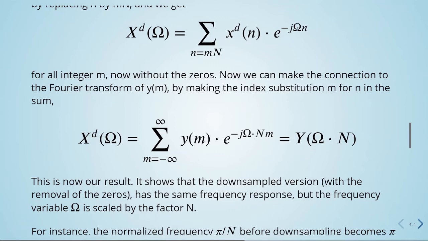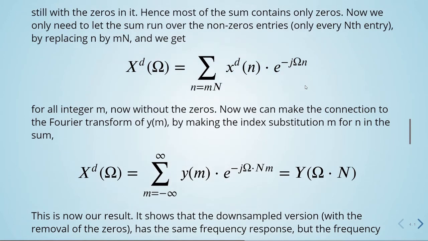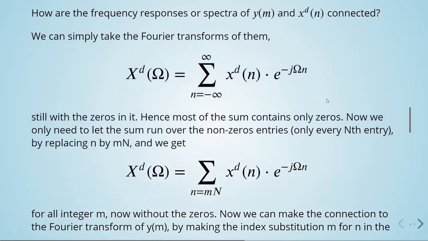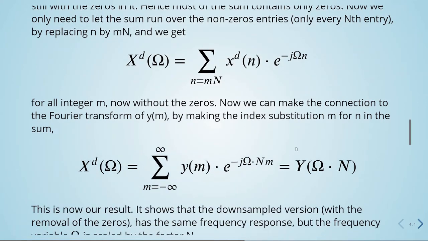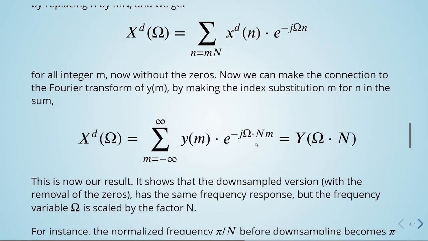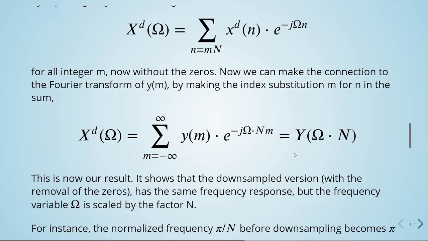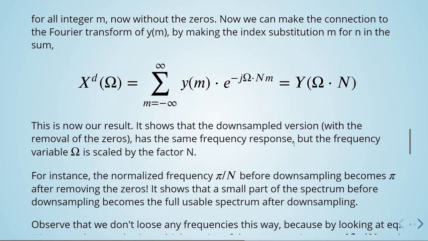So we can see the difference here: this was the Fourier transform of the signal with the zeros, here's the Fourier transform of the signal without the zeros, and we get this factor N that is scaling the capital omega. So for instance, the normalized frequency pi divided by capital N before downsampling becomes pi after removing the zeros.